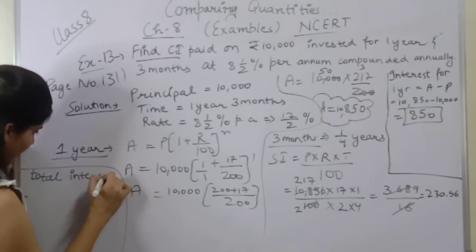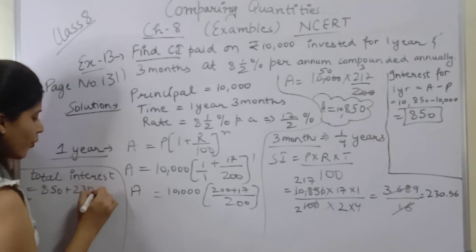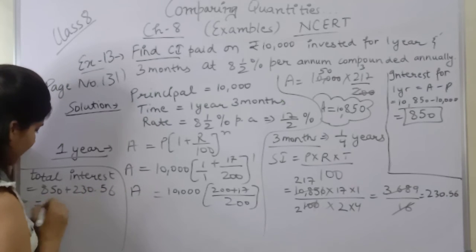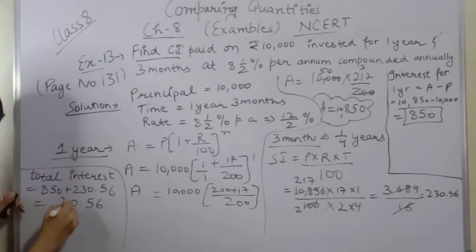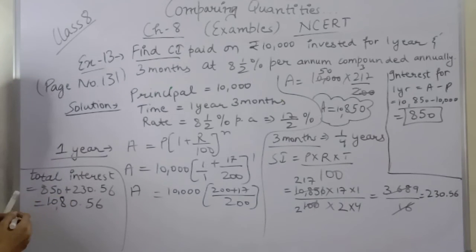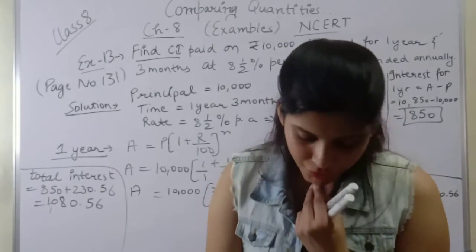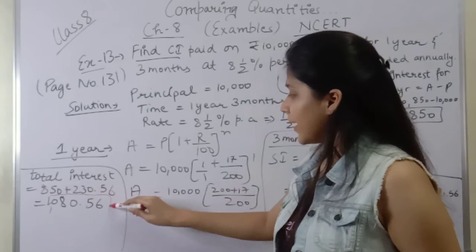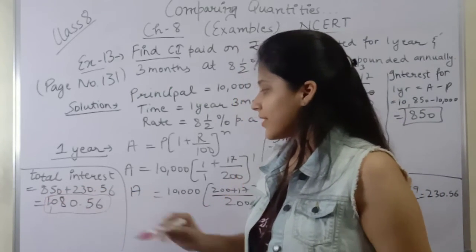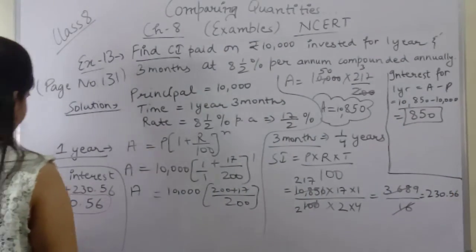So total interest would be 850 plus 230.56. So ये हो गया 0.56 as it is. 5 plus 3 is 8 and 8 plus 2 is 10. So we have 1080.56 as the interest. Yes, 1080.56. This is the interest for 1 year and 3 months.